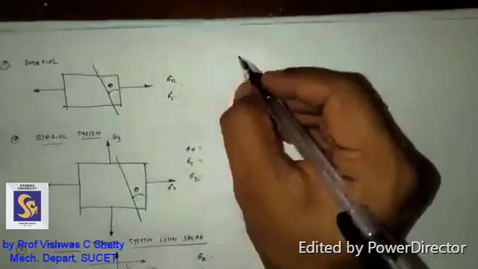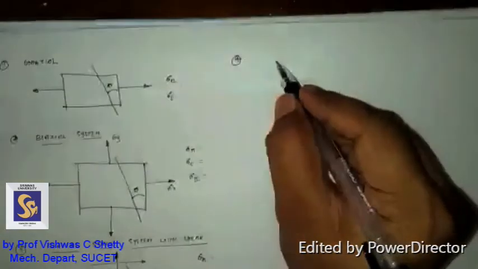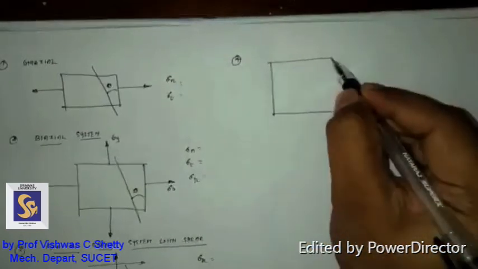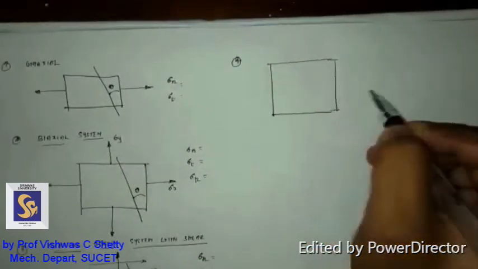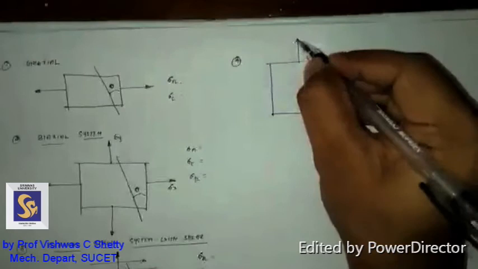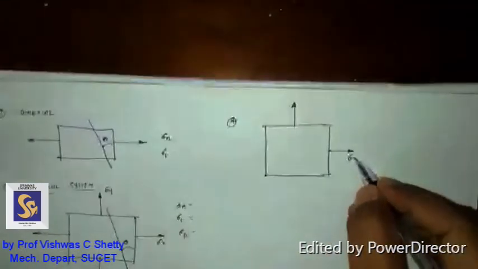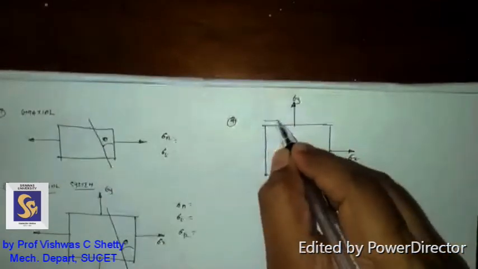Then the fourth category is principal stresses. The same question will be asked, but now the oblique plane will not be there. In this case, only sigma x, sigma y, and tau will be there. Three components: sigma x, sigma y, and tau.